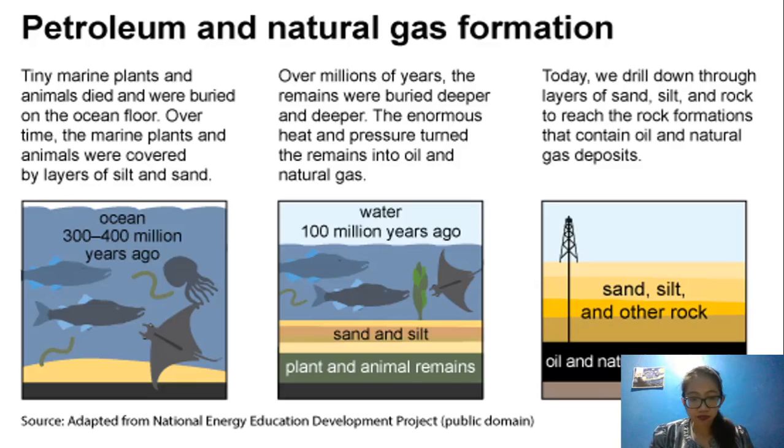Again, this process of forming petroleum and natural gas takes millions of years. You need millions of years of organisms dying, life cycles of organisms, in order to provide the energy that we need today.